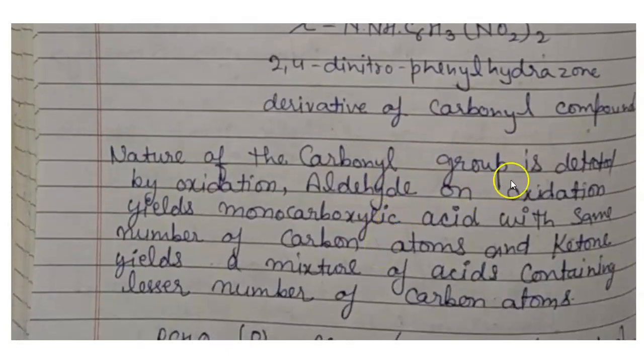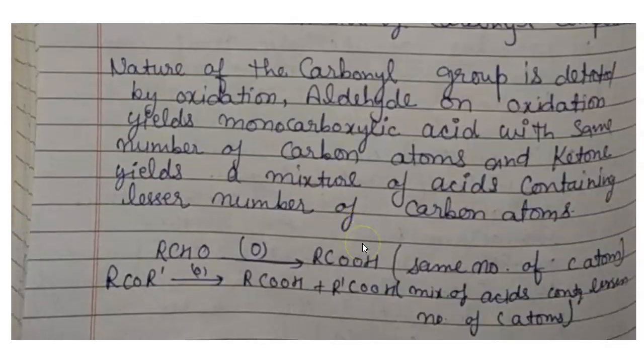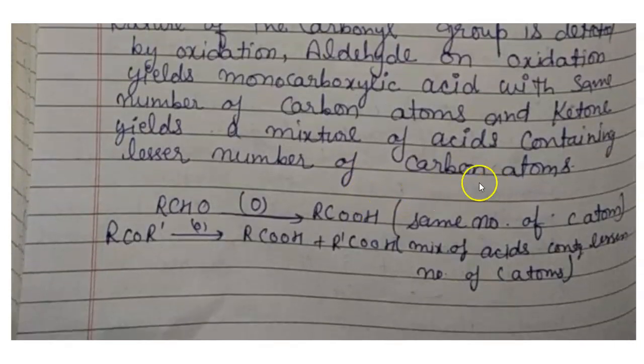The nature of the carbonyl group is detected by oxidation. Aldehyde on oxidation yields monocarboxylic acid with the same number of carbon atoms, and ketones yield a mixture of acids containing a lesser number of carbon atoms.